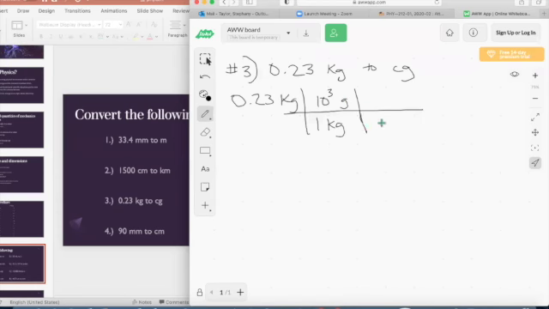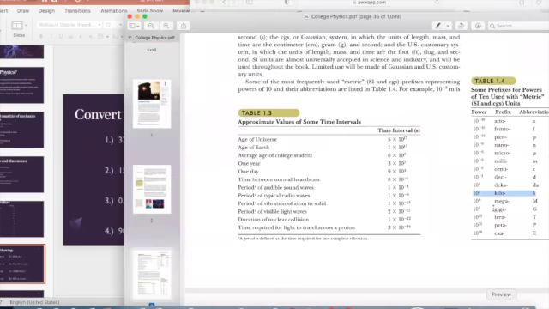All right, and then to go from grams to centigrams, we got to go back to centi, which is here. That's 10 to the minus 2 power.